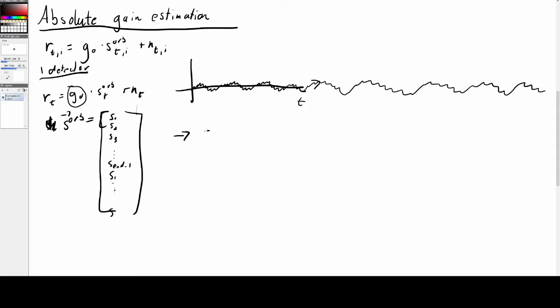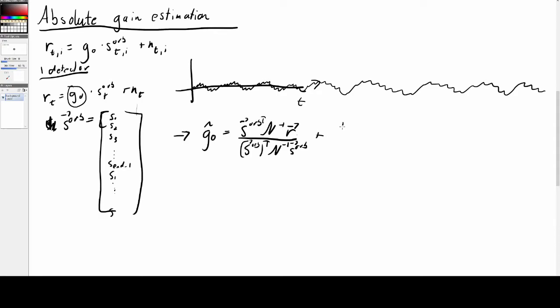And so we know that a sample for G0 is given by S_orb transposed, inverse, not the data, but the residual, and then S_orb transposed, inverse S_orb.